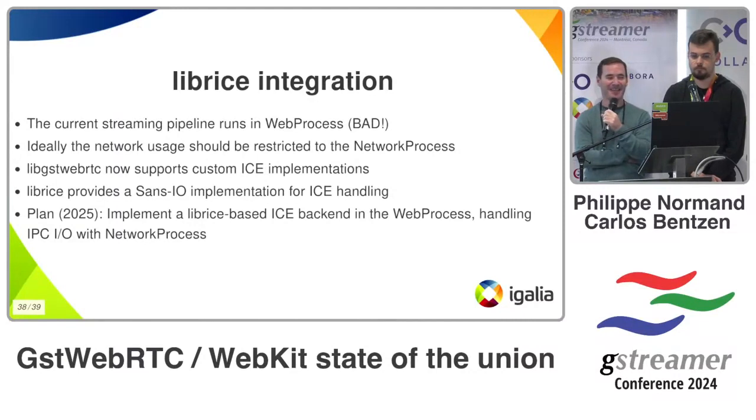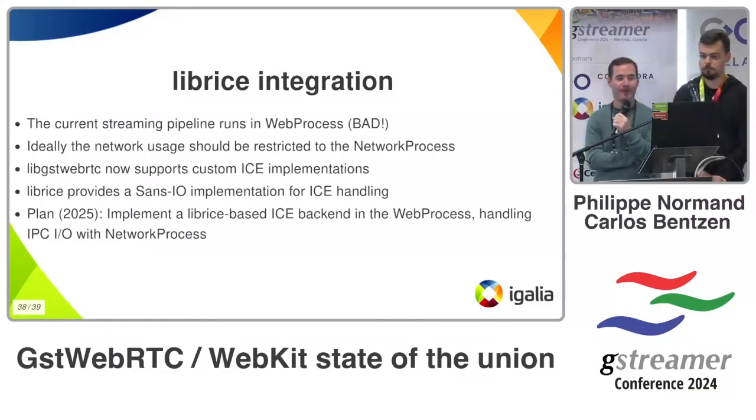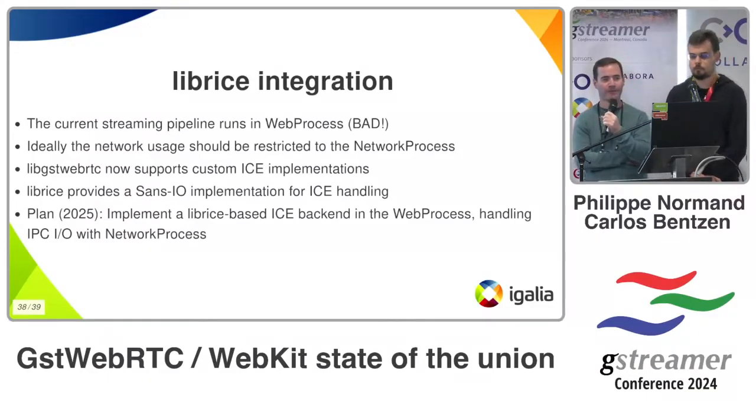It's written in Rust and uses the Sans-IO design pattern. We really like to use that because it's a really clean design and it fits really well in our infrastructure, I think. So the plan is to use that next year eventually and to work with the LibRice maintainers and also help them to close the feature gaps in LibRice and iterate on that.